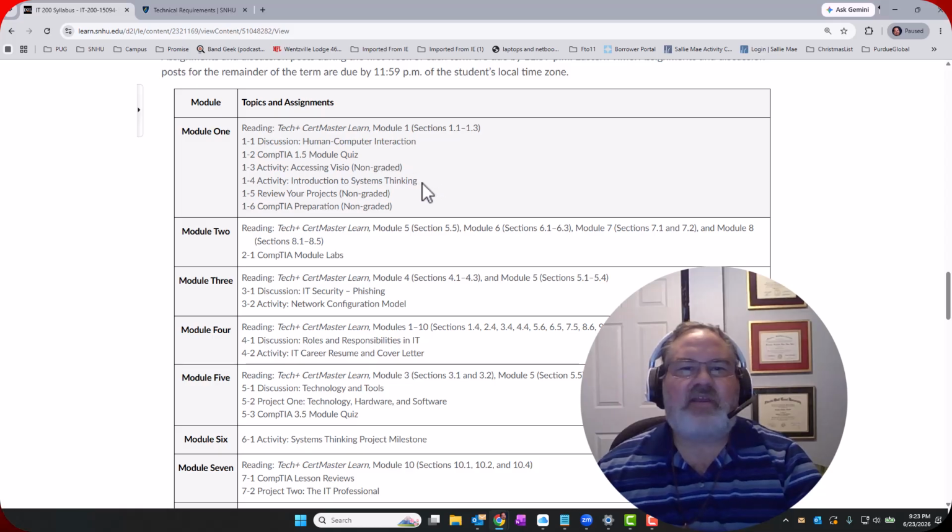You're going to have an introduction to systems thinking activity. You're going to have 2 more non-graded activities, review your projects, looking at what projects are coming up in the rest of the class. If you remember, there was project 1, 2, and 3, so it has you look ahead at those just to prepare for what's coming ahead. And then a CompTIA preparation non-graded assignment as well. So that'll round out your Module 1.